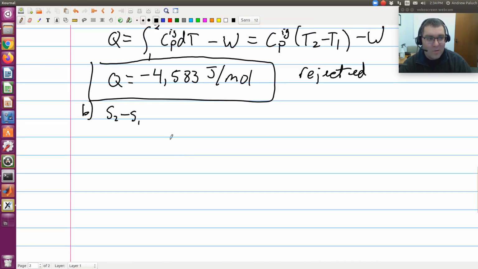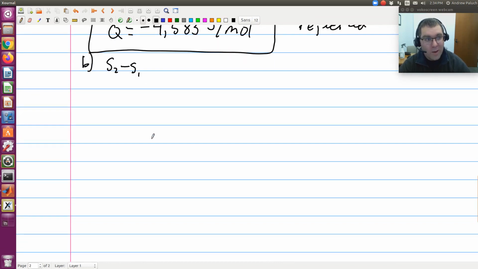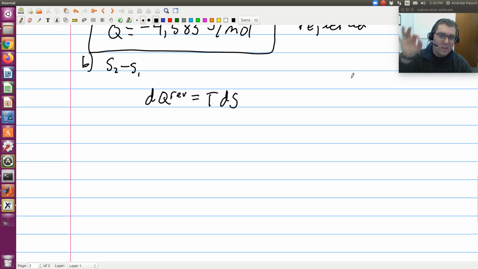So if I want to calculate a change in entropy, then I go back to chapter 4, and I'm going to start with my definition of entropy. ds was equal to dq reversible over T. So here I'm just going to write it as dq reversible is equal to T dS.